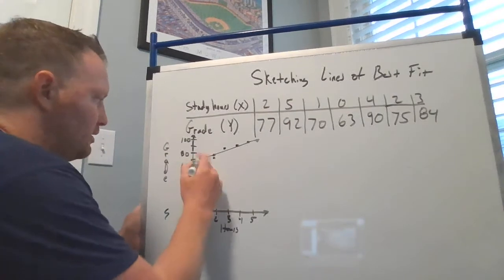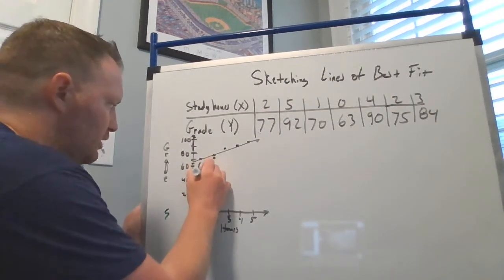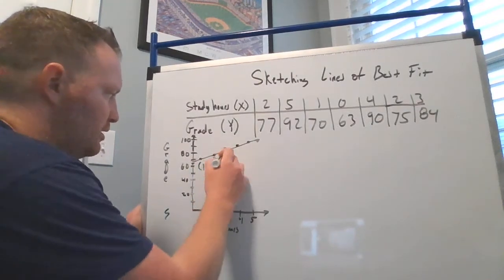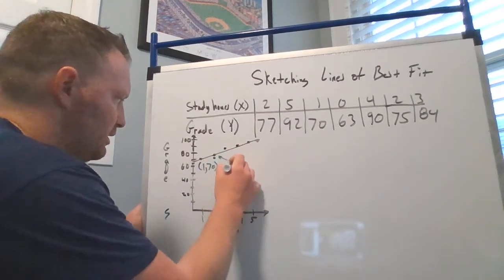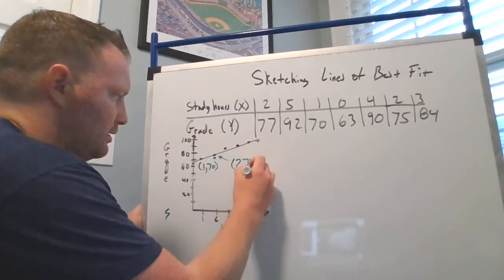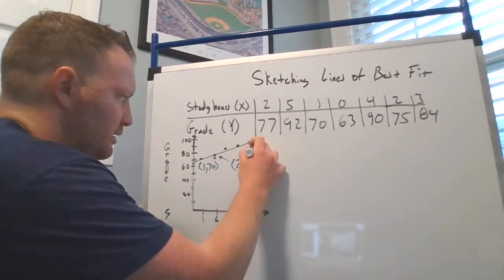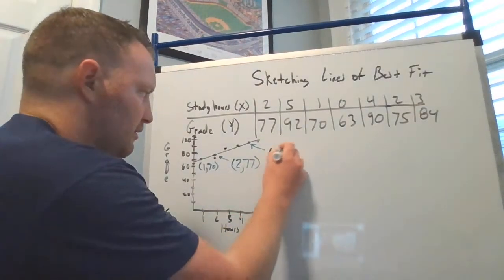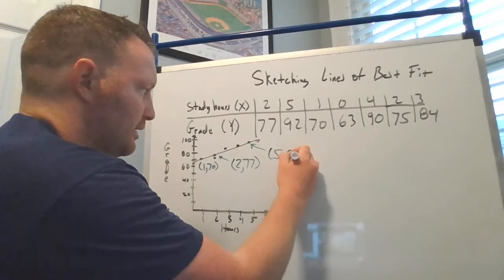All right. So this point right here is 1, 70. This point right here looks like 2, 77, and this point right here is going to be 5, 92.